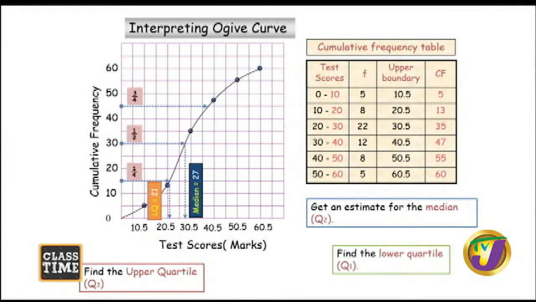When I find my 45 on my y-axis, I'm not going to write down 45. That's not your answer. I need to draw my dotted lines to the curve, and then find the corresponding x value, which is the corresponding test score. So when I draw the other dotted line, I realize that it's approximately 38.